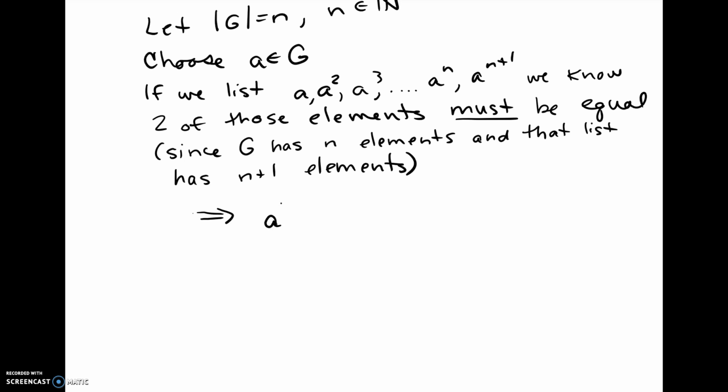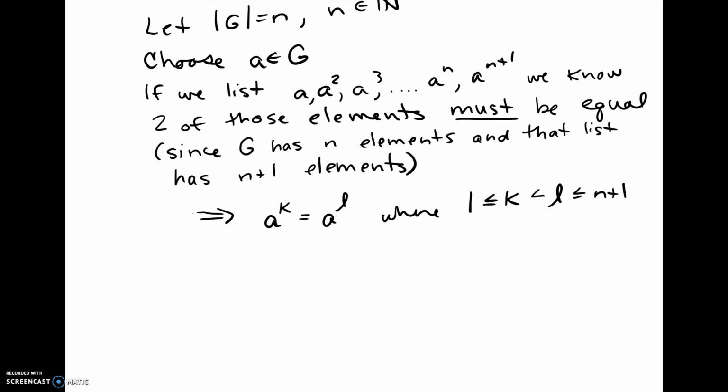Okay, so we know that two of them have to be the same, so we can say that some a to the k must equal some a to the l, where 1 is less than or equal to k, less than l, less than or equal to n plus 1. Hold on, this one should be a strict inequality.